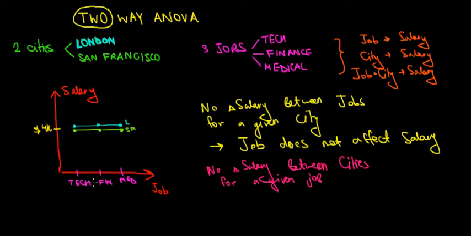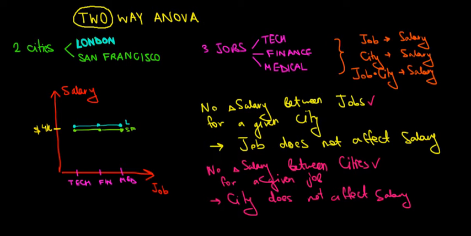Whether that job is tech, finance or medical, it doesn't matter, meaning that the city does not affect salary. So we researched both variables, jobs and cities, and none of them has any effect. In this case we have no effect from any of the variables.